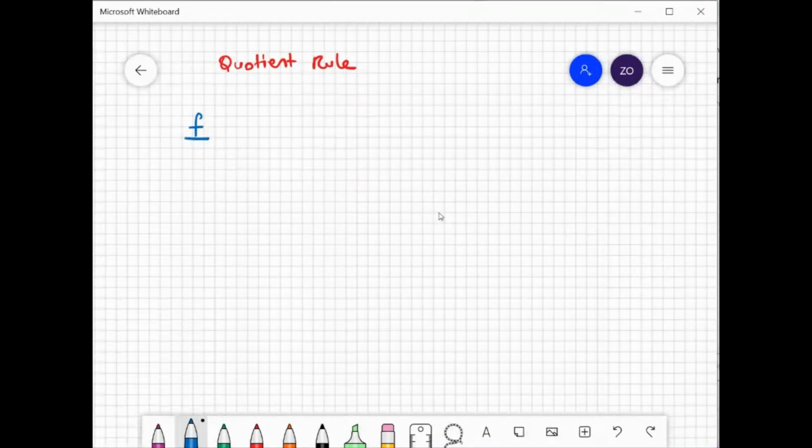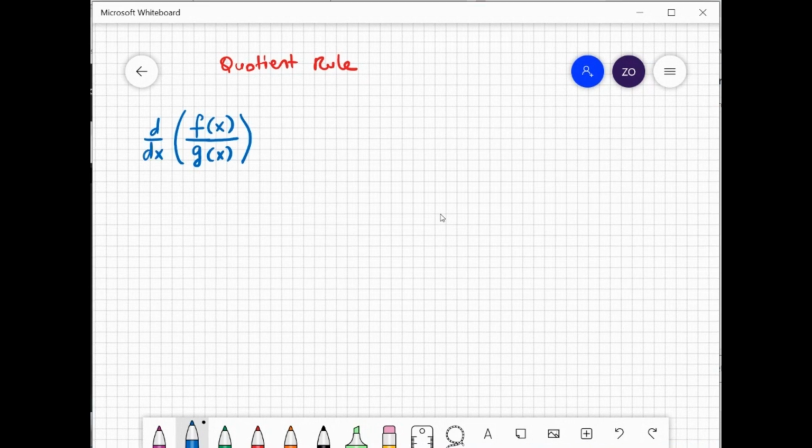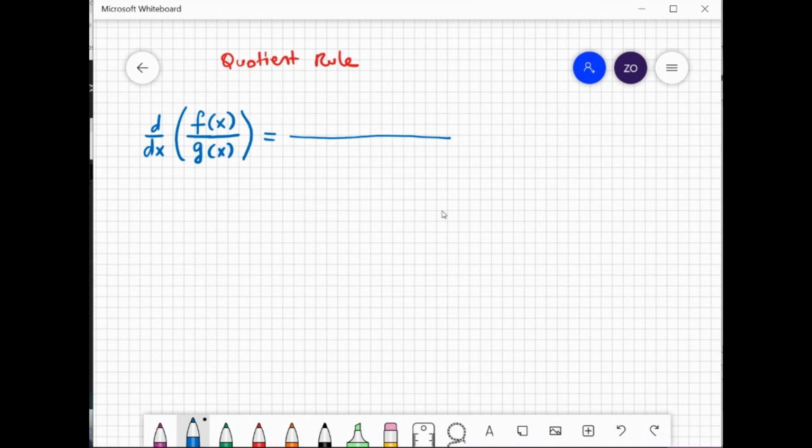So we talked about the product rule. Now let's talk about the quotient rule. So this is about finding the derivative of a quotient of two functions, which equals the derivative of the first function.